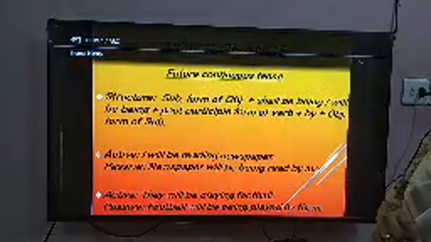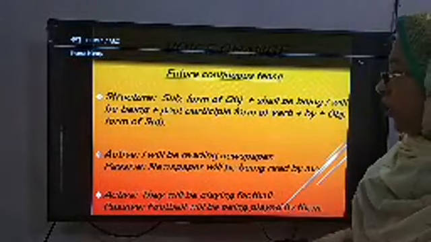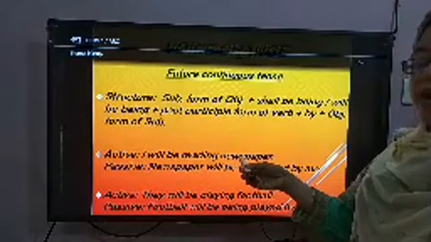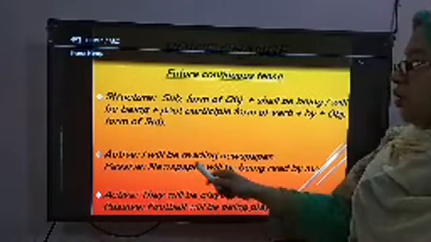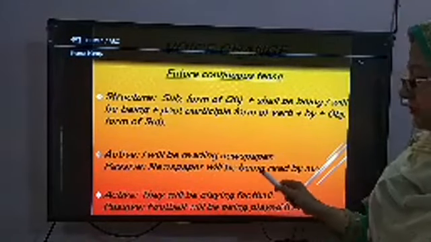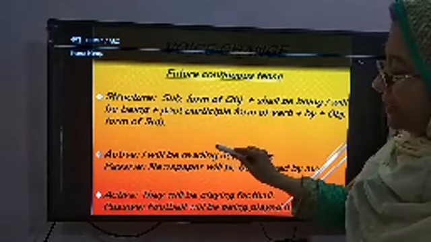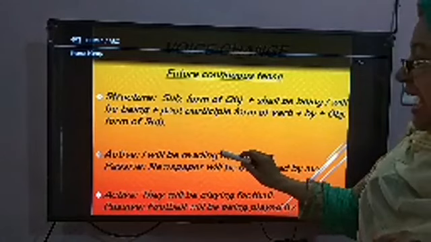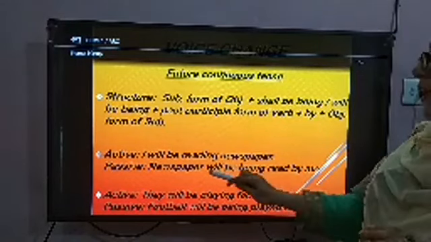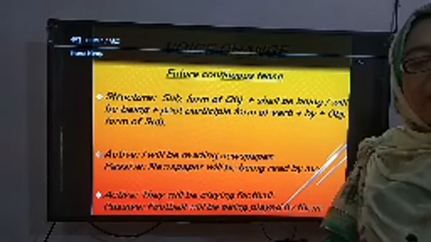So, just like the other rules, newspaper, the object, becomes the subject. Newspaper will be being. Why being? Because it is continuous form, verb plus ing. If we find verb plus ing or continuous form, then we use being. Newspaper will be being read by me.